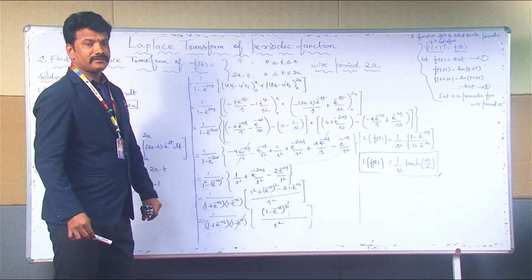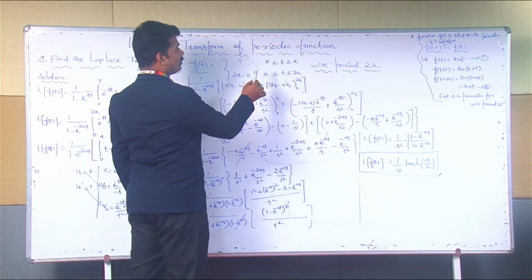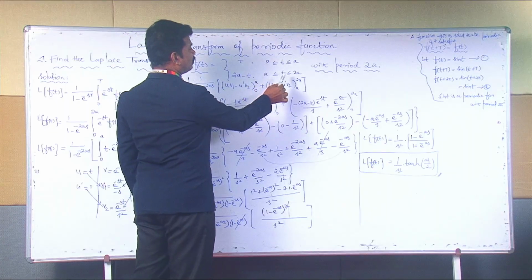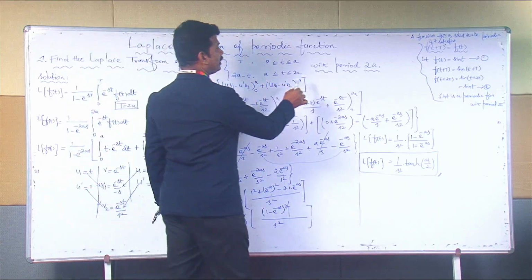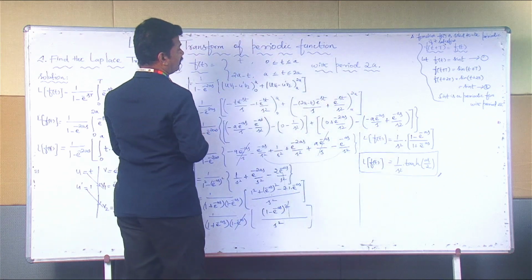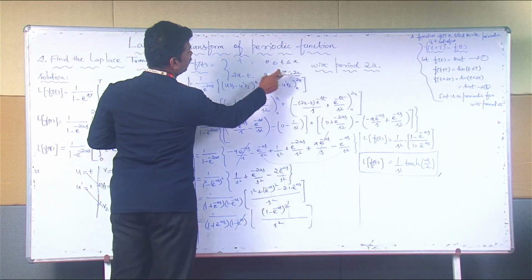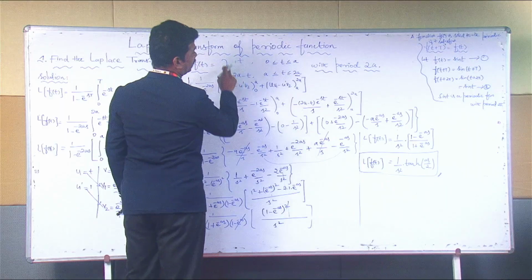So look at the function. The function can be split into two intervals. The first interval is 0 to a, where the function is t, and the second interval is a to 2a, where the function is 2a − t. Look at the period: the period is 2a. The starting point is 0 and the ending point is 2a. The 2a is the period of this whole function.